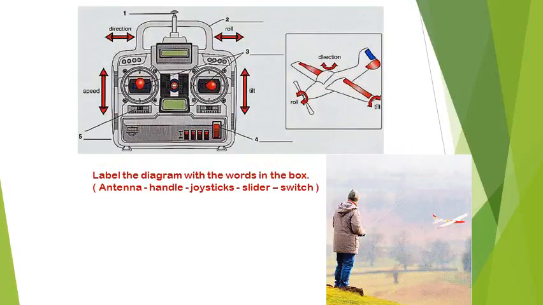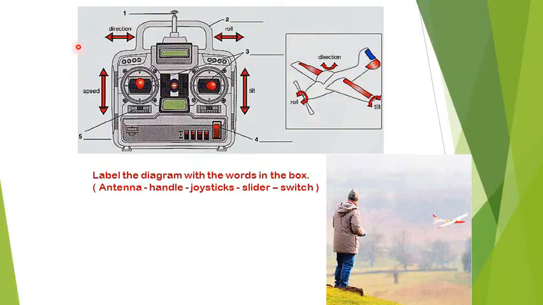So for the next picture here, we have a diagram for the remote control and a picture of the plane while flying. So here, the diagram of the remote control, we have to label the parts. We need to put the words in the correct place.